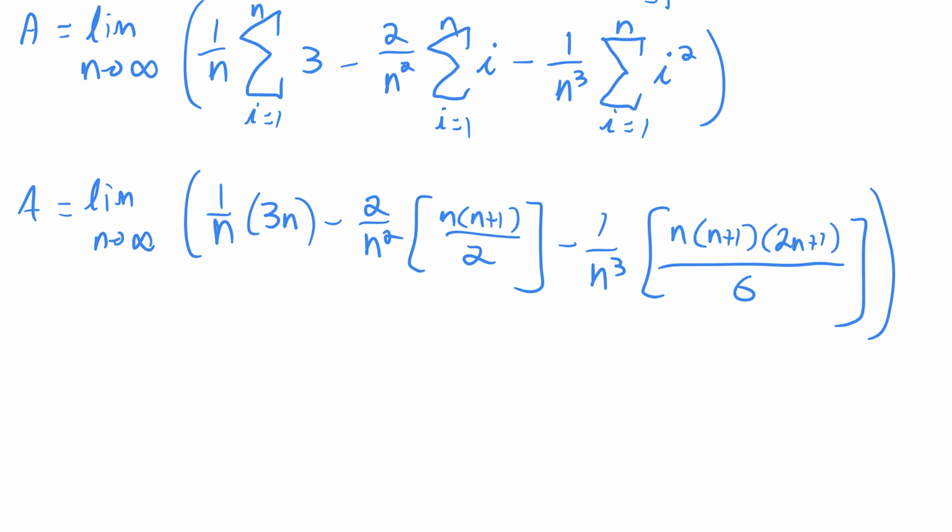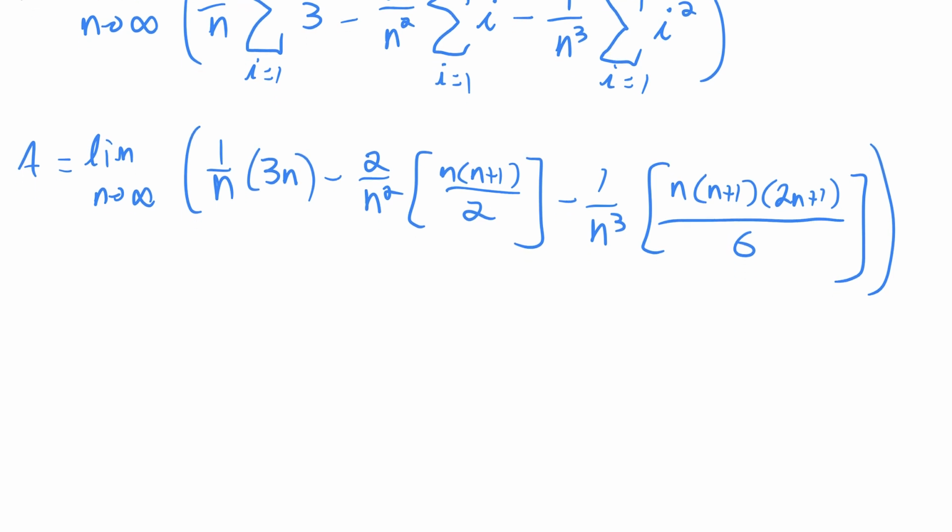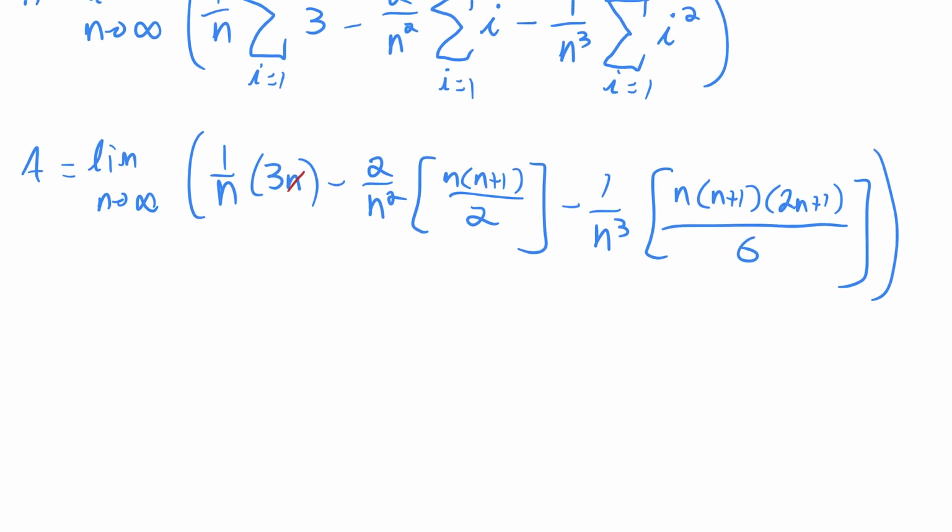Now there's just a bunch of algebra to simplify all of this. So I'm going to see if there's stuff I can cancel first. I've got two factors of n being divided by each other there. I can cancel that one with one of those, and this one with one of those. And let's see what we've got left. So my area is equal to the limit as n approaches infinity of, well, my first term is just 3.